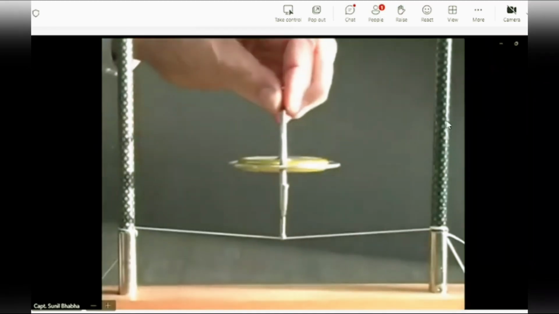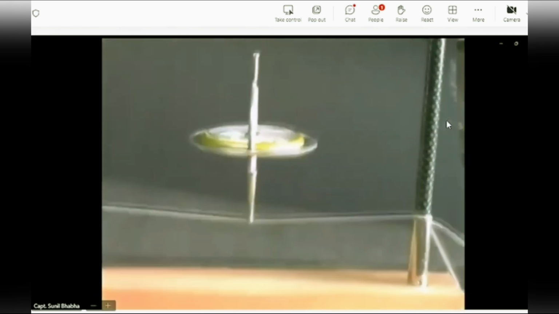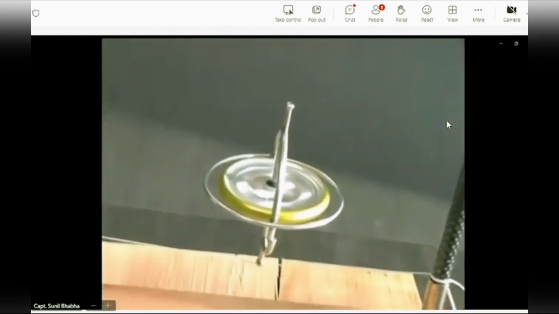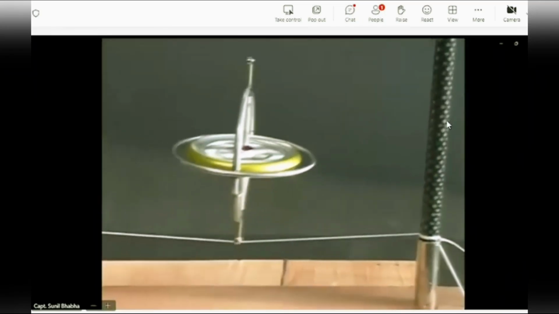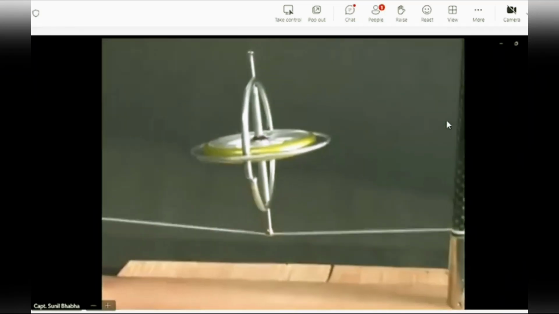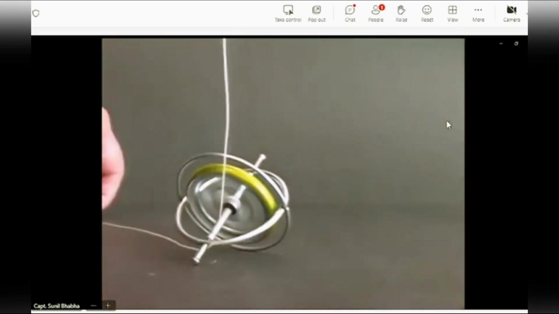A spinning gyroscope will balance on a string. You can even lift the gyroscope with a string looped around one end. Now if it was a normal object, the free end would immediately fall down because of gravity.